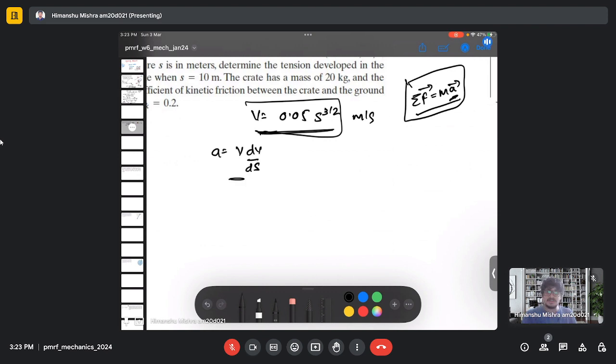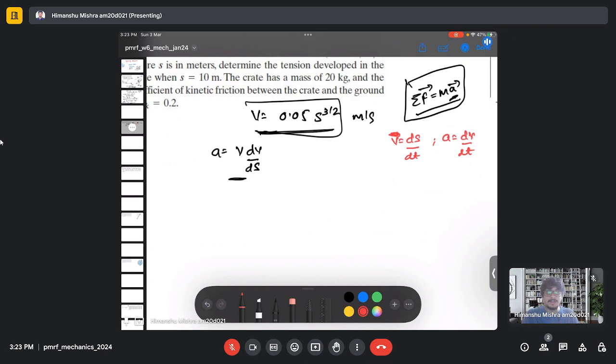And this expression, in the earlier class I actually explained how we got it. So for example, I can write the velocity as the rate of change of displacement, v = ds/dt, and the acceleration, in scalar form, as the rate of change of velocity, a = dv/dt.